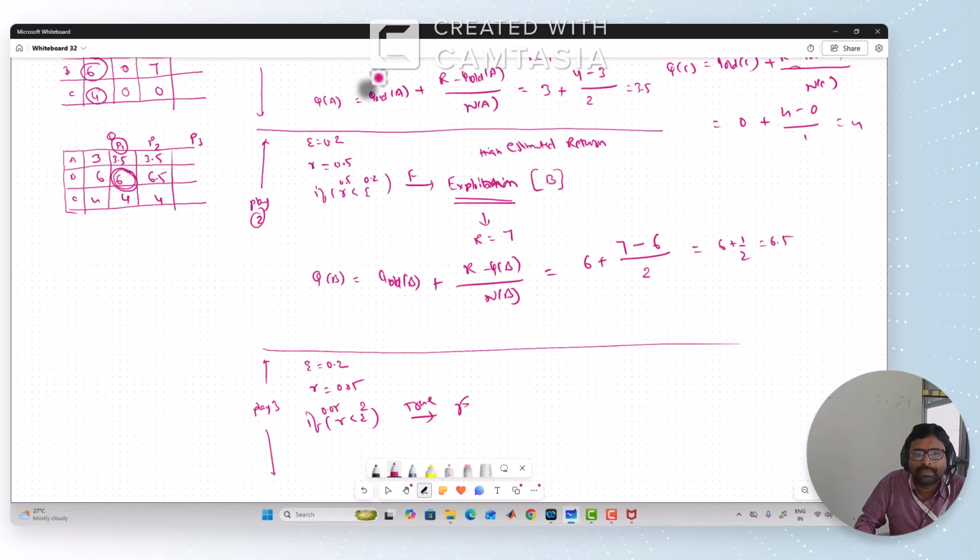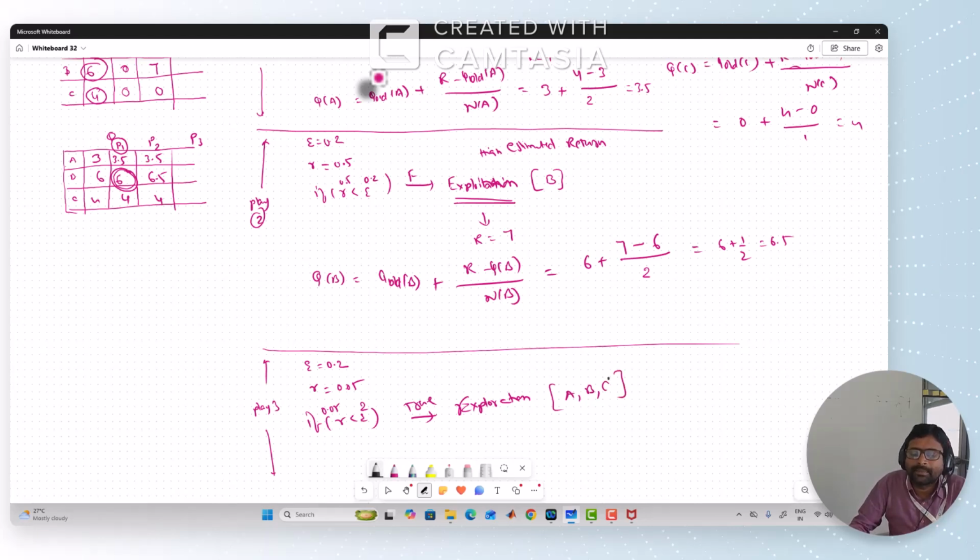When it is true, then we go for the exploration. Exploration means you can choose any one of the machines from A, B, C. Okay, so let us assume this time the algorithm randomly chooses the machine C. I'm not saying that it is fixed. Let us assume randomly choosing the machine C.